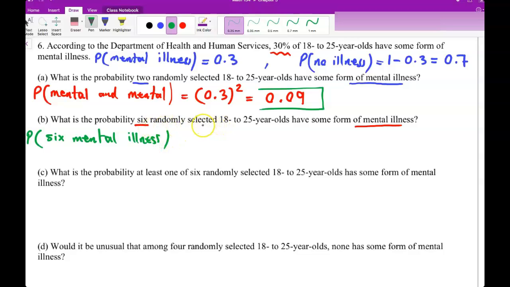Again, since we have randomly selected, these are independent, and that is equal to, for each one we have 30%. Since I have 6, use power 6, or you can multiply 30% by 30%, all of these. The answer is 0.000729.